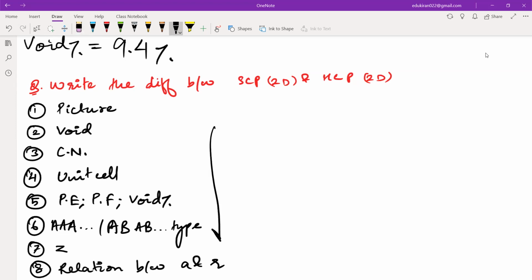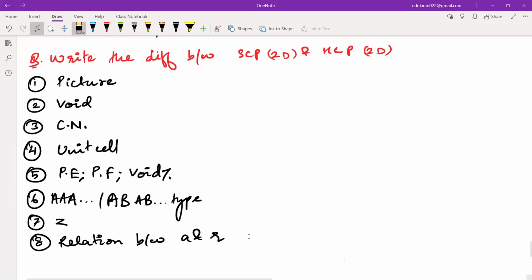Now this is in the order of their priority. So if you don't remember anything, you just write the picture. Then you write the void. Then you write the coordination number. Then the unit cell. Then the packing efficiency. Okay. So remember it in this way. Please write this down. Raise your hand when you are done writing these 8 points. Okay. So just write the points.